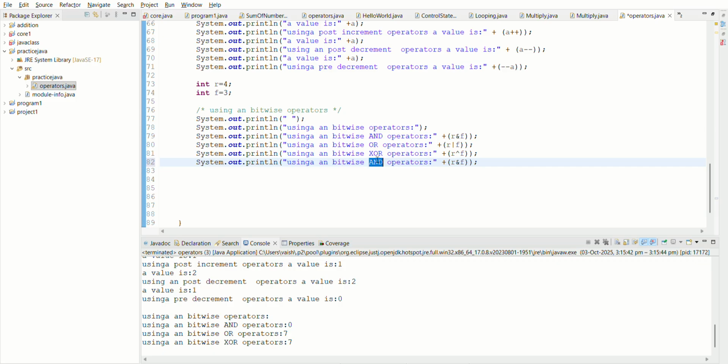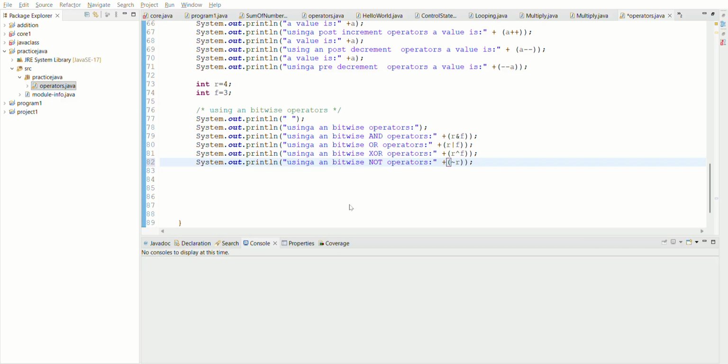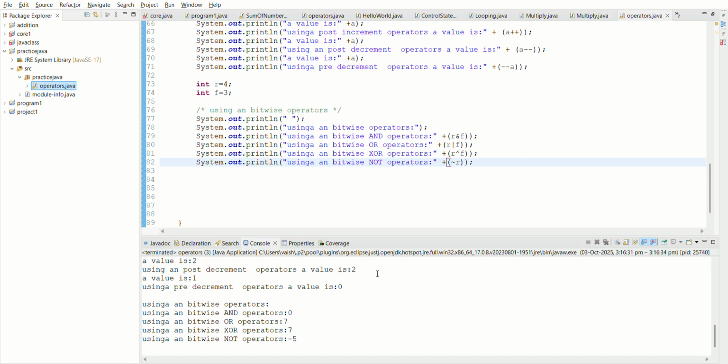So using a bitwise not operator. So right click, run as Java application. Right?